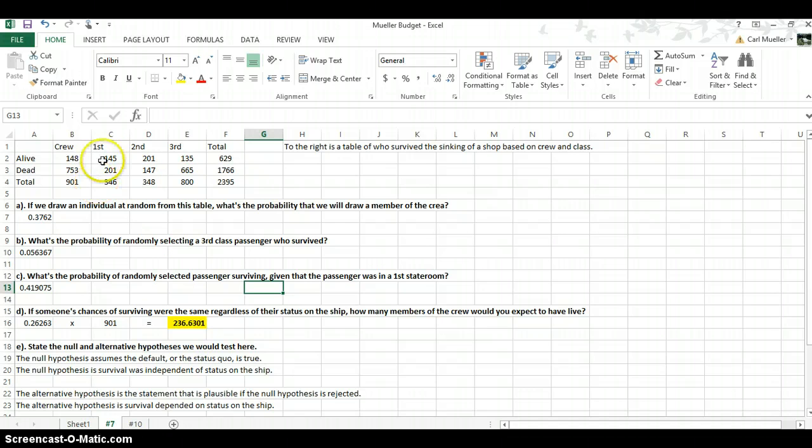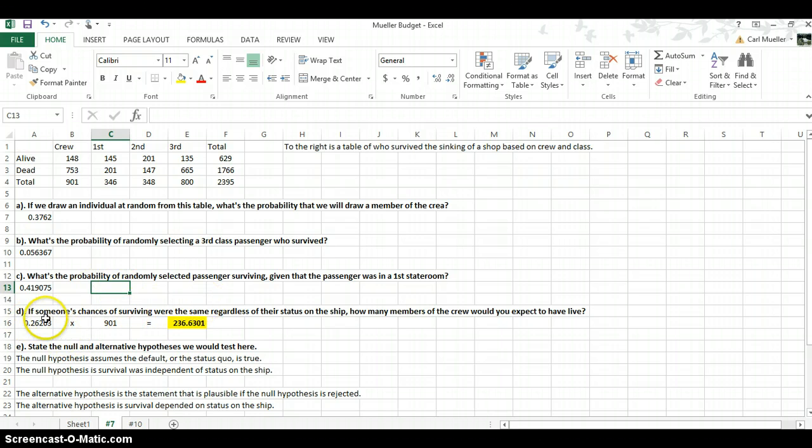And as you can see, that's just taking the survivors, 145, divided by the population of first class passengers, 346. So restricting to first class, there's a 41% chance you'll pick a survivor. That's what that really means.